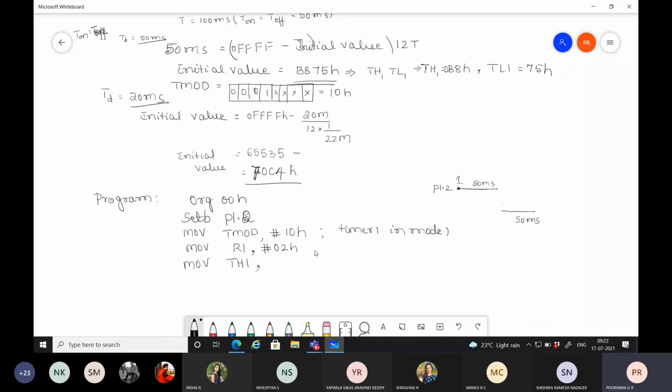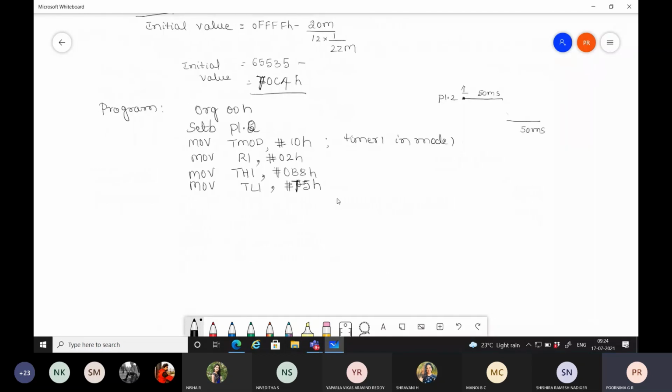To provide this 50 milliseconds, the count value we got is B875. So I am moving TH1 with #0B8H and TL1 with #75H. Okay, so now I have initialized the count value to the 50 milliseconds initial value, and that has to be retained for 50 milliseconds.